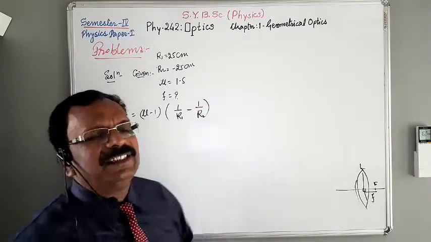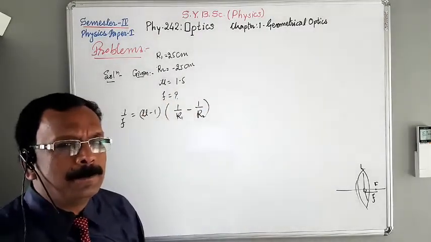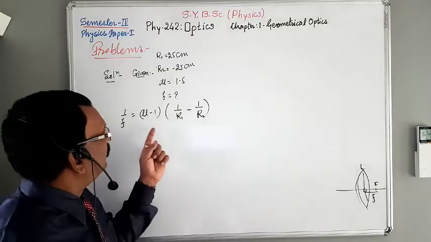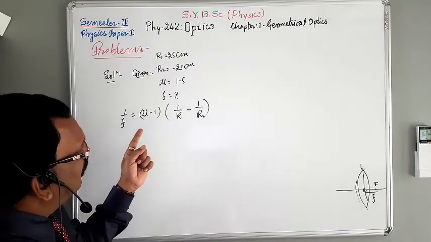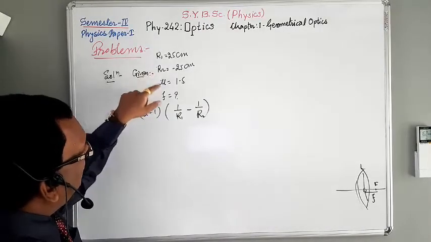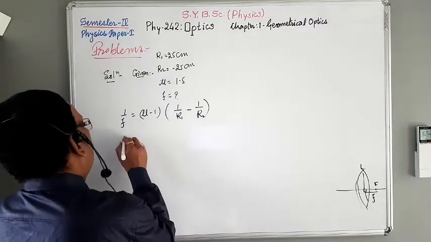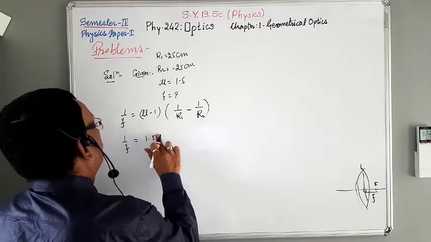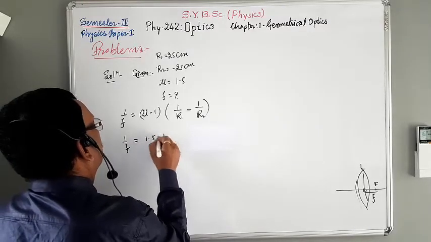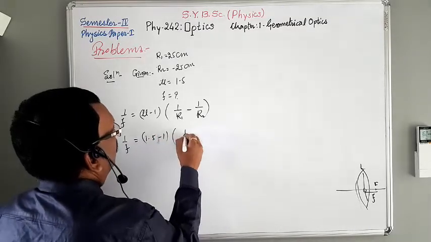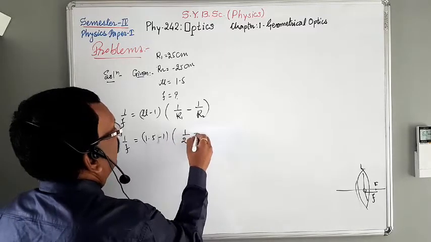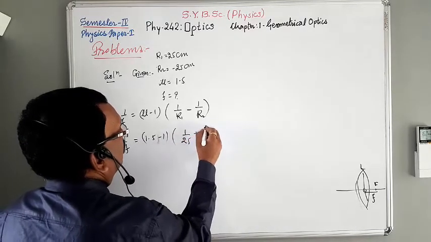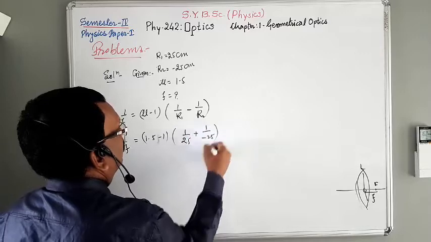This is nothing but the lens maker formula. Now we have to substitute the given data. Therefore 1 upon F is equal to 1.5 minus 1 in bracket 1 upon 25 plus 1 upon minus 25.